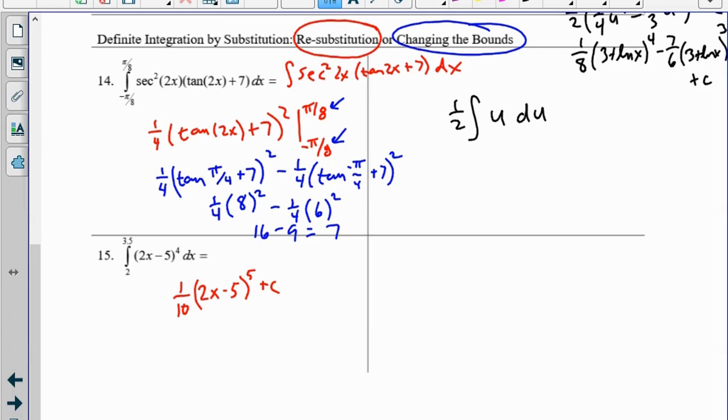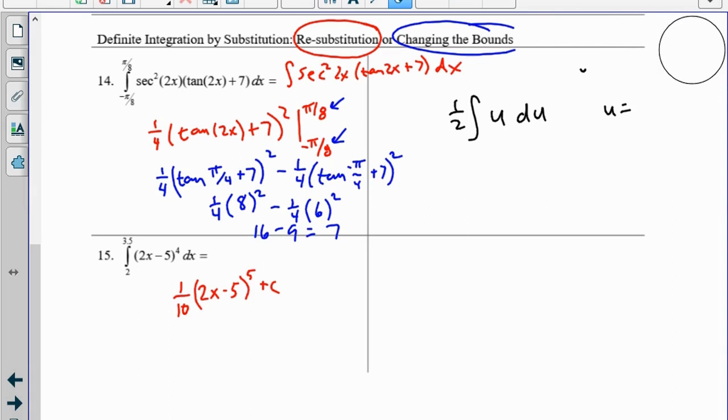Instead of just treating it like everything is an indefinite integral, we can remember that u in this problem was tangent 2x plus 7. And so I'm going to make the bounds now in terms of u.